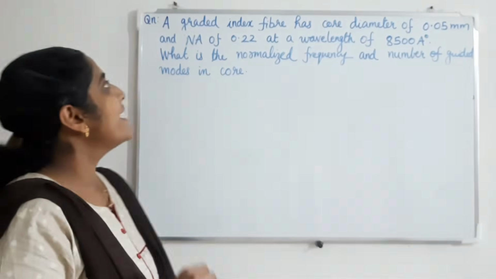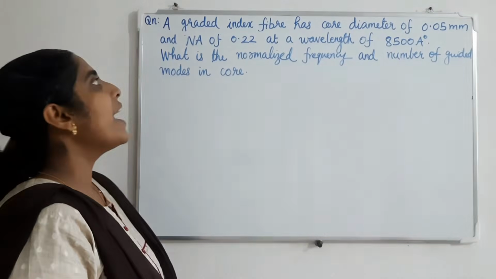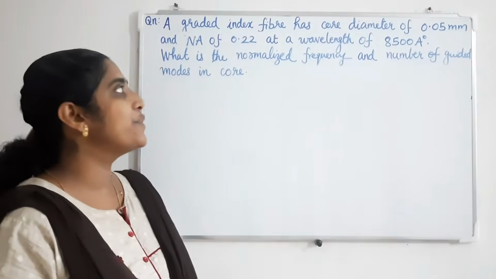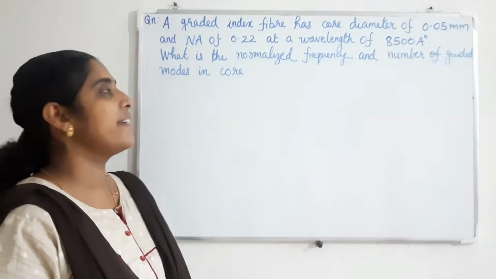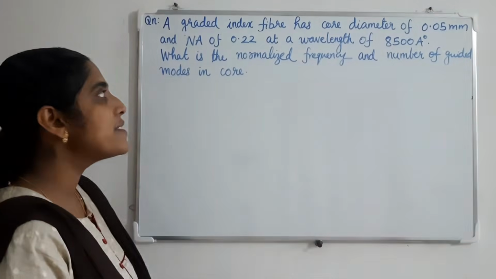Next question. A graded index fiber has core diameter of 0.05 millimeter and numerical aperture of 0.22 at a wavelength of 8500 angstrom. What is the normalized frequency and number of guided modes in core?